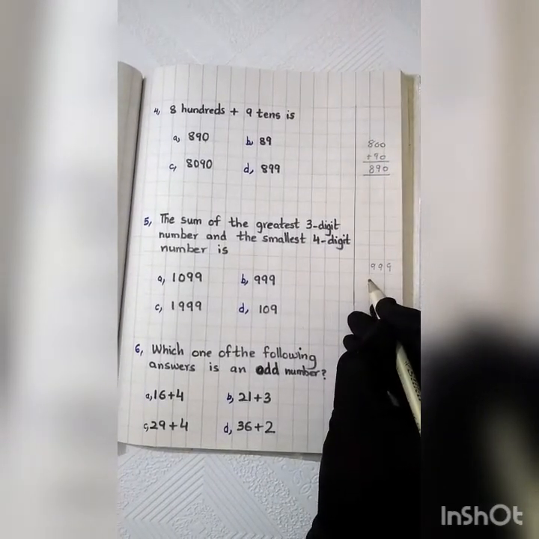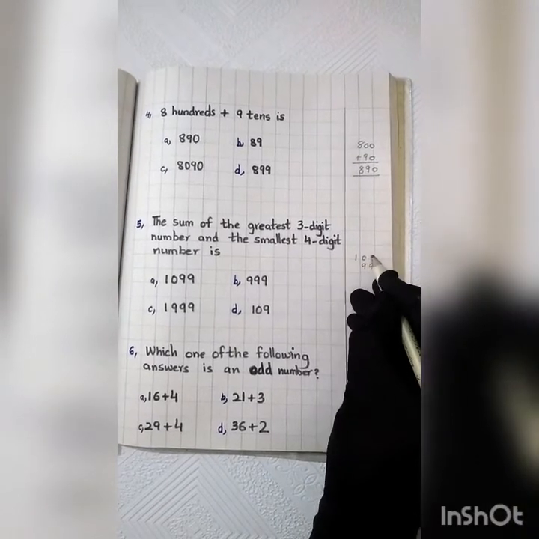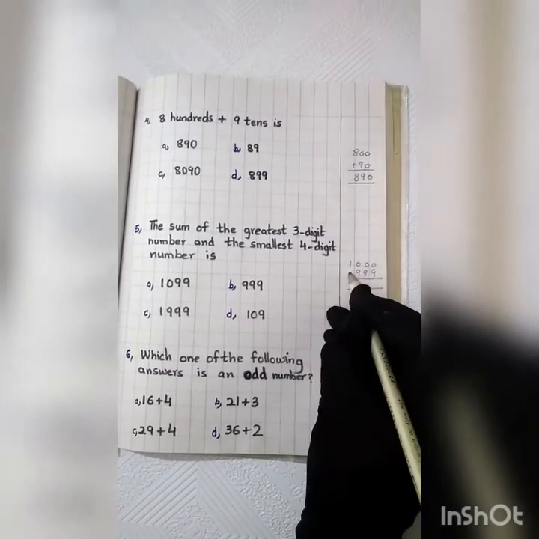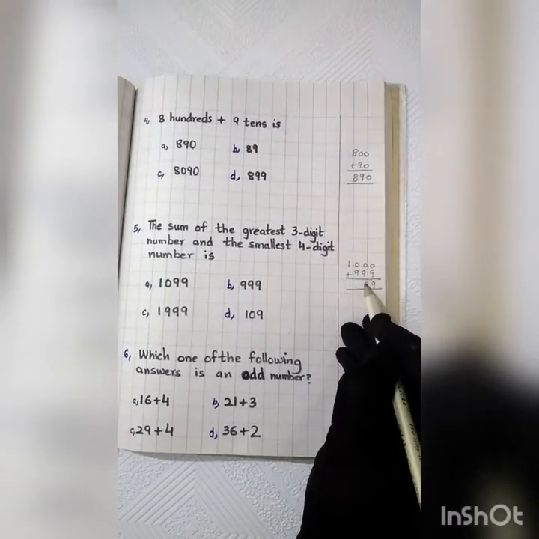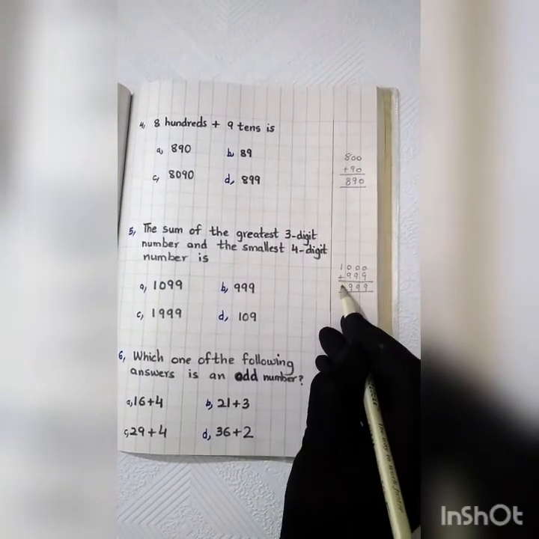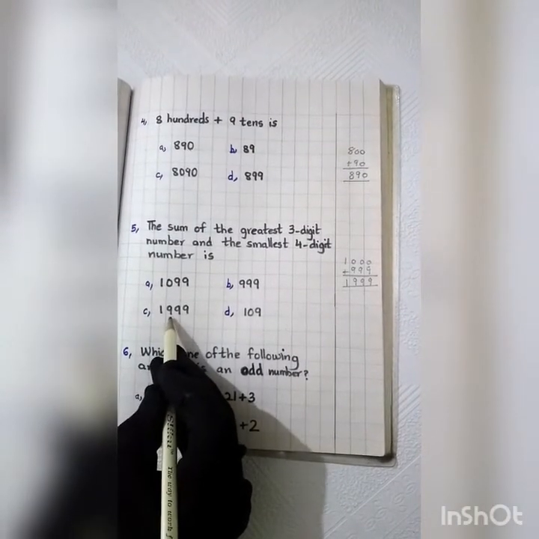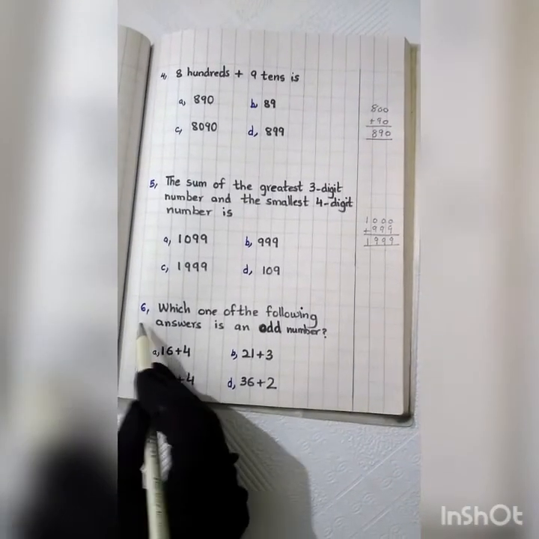So we add these numbers. 0 plus 9 is 9, 0 plus 9 is 9, 0 plus 9 is 9 and 1 here. Okay, the answer is 1999. Circle it. Part 6.